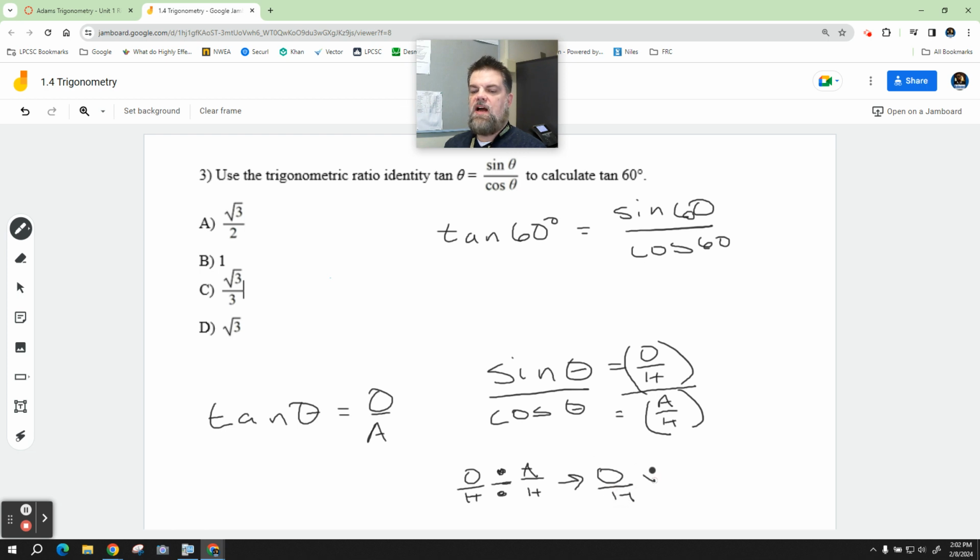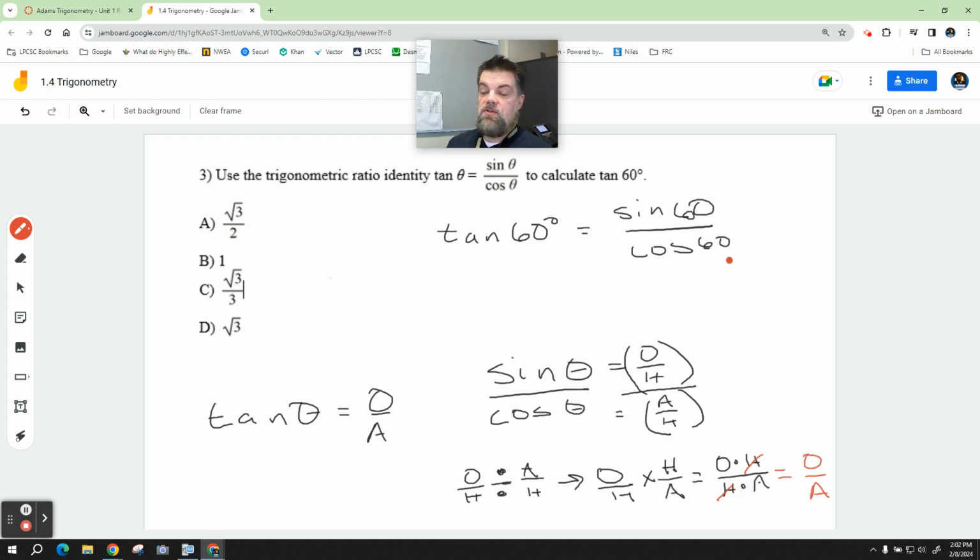You multiply by the reciprocal, which is H over A. So here I have O times H all over H times A. But what happens with the H's? H divided by H is just 1, so you're left with the opposite over the adjacent. Congratulations, you just learned your first identity.